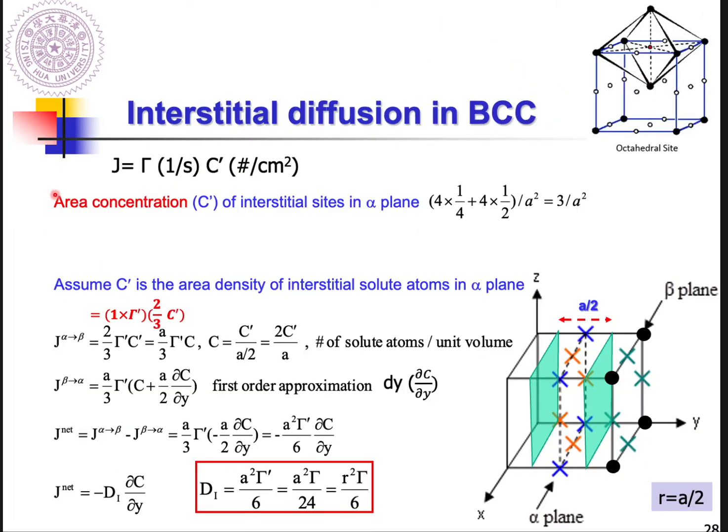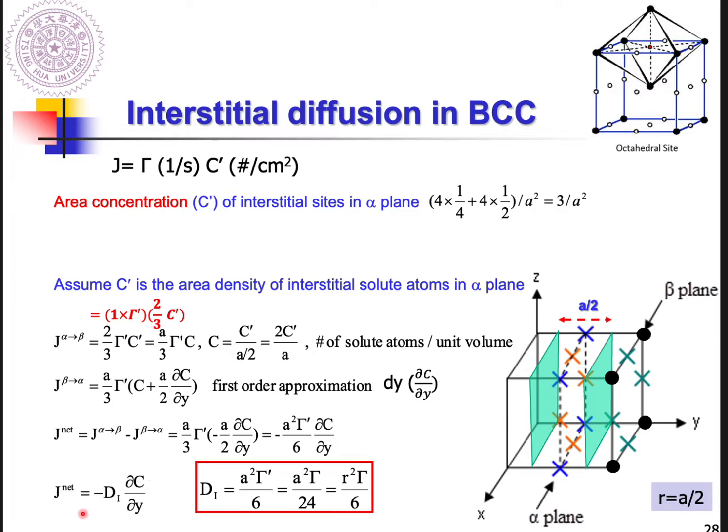But here we are going to give you another approach, by calculating the flux. The idea is that, based on Fick's first law, the net flux equals minus the diffusivity times the concentration gradient.